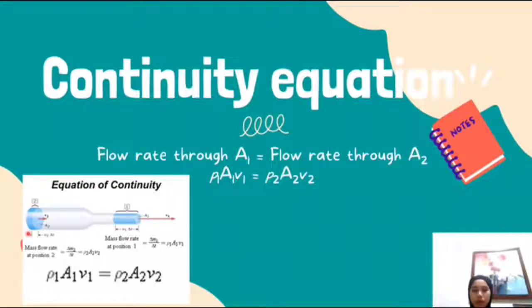So we can see that rho 1, A1, V1 is equal to rho 2, A2, V2, which is the same as mass flow rate at position 2, mass over t, equal to rho 2, A2, V2. Meanwhile, mass flow rate at position 1 is mass over t, equal to rho 1, A1, V1.